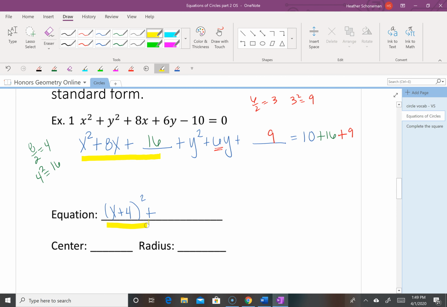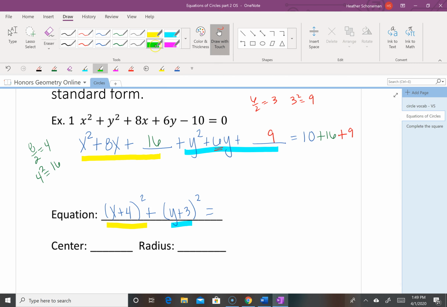That's where I got this first part. Then I'm going to look at the second trinomial and factor that. What two numbers multiply to 9 and add to 6? Or just take half of 6? Well, that's 3. So I get y plus 3 squared, because it would really factor to y plus 3 times y plus 3, but I can rewrite it as y plus 3 squared. That's where I got this part.